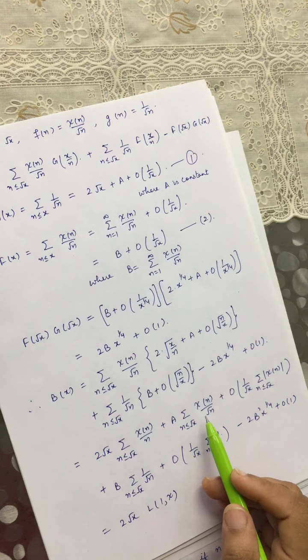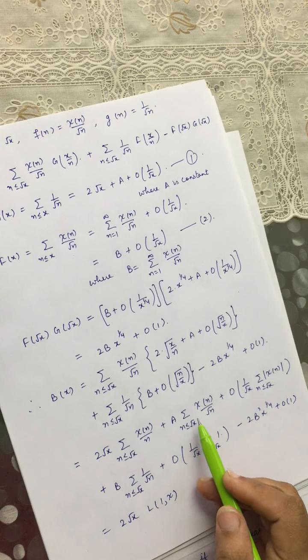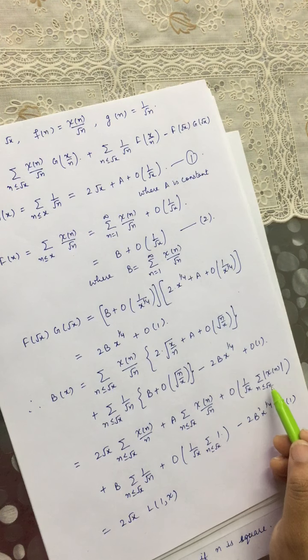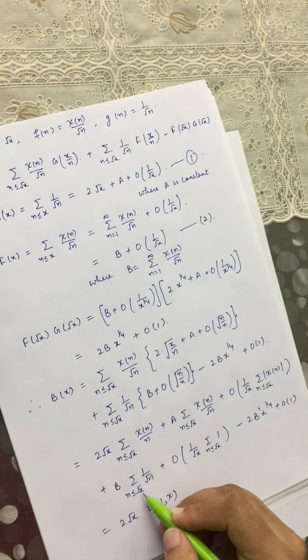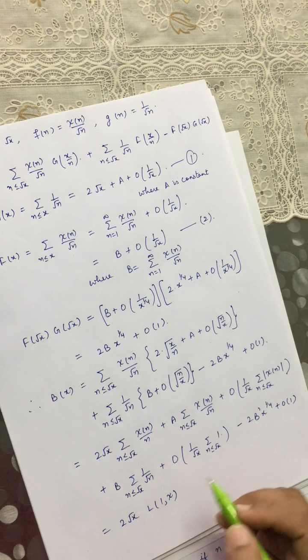That is a convergent series, so that is a constant, plus an order term of order of 1 upon x raised to 1 by 4. Similarly, when we calculate this, we know mod of chi n is less than or equal to 1, so this summation is less than or equal to root x, so this becomes order of 1. Then this is also order of 1 upon x raised to 1 by 4.